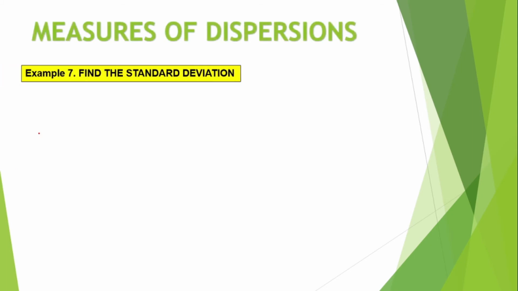Let's have an example. In example 7, we need to find the standard deviation. The following numbers were obtained by sampling a population.